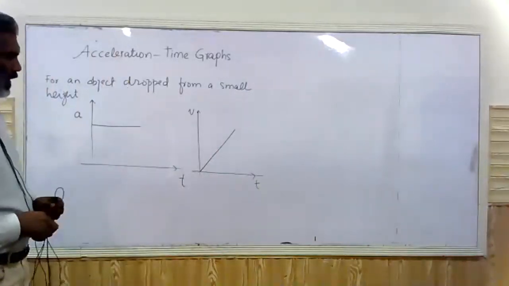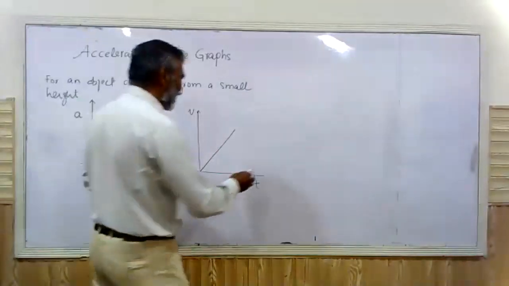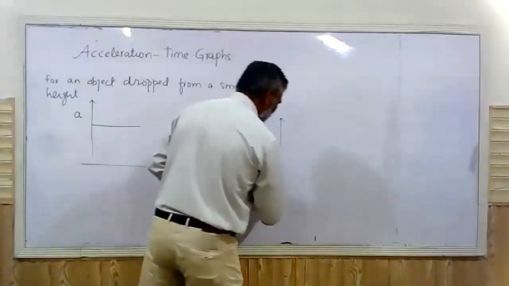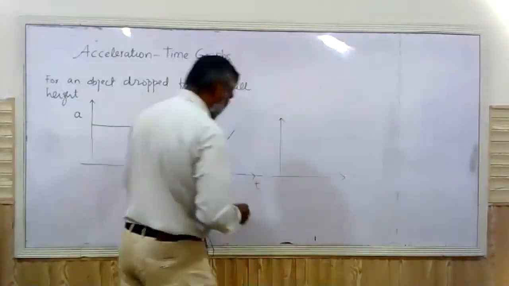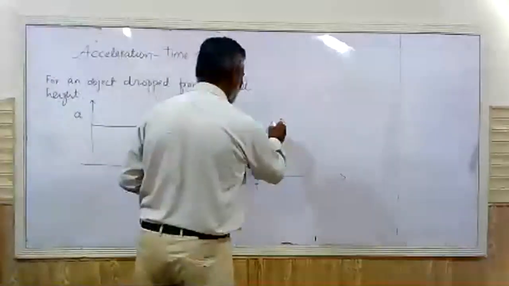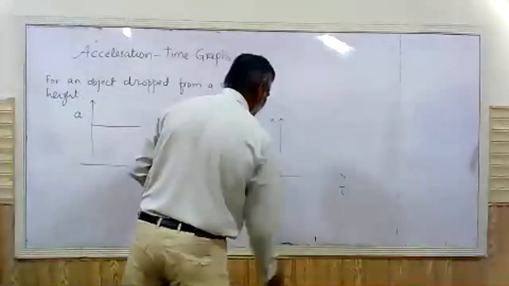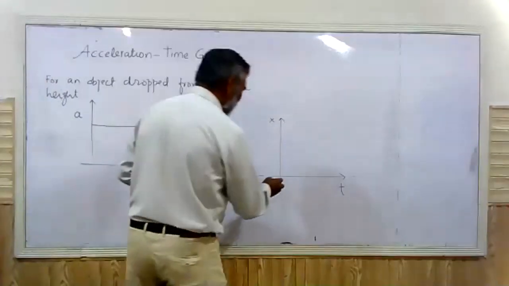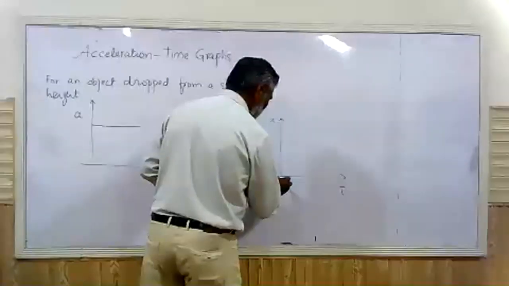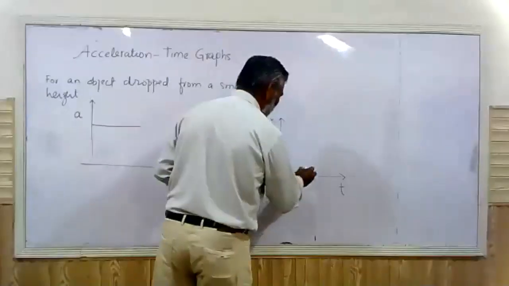If I compare it with the displacement time graph, that will also be useful at this stage. Displacement time graph simply means the position graph. Let's see, this is the x-t graph. The displacement is increasing with time at a uniform rate. So this will be a curve up.